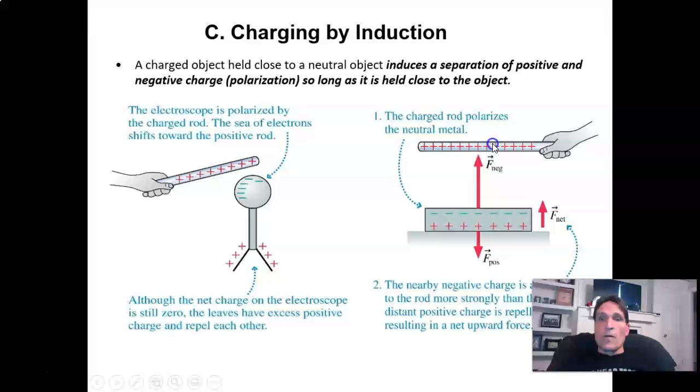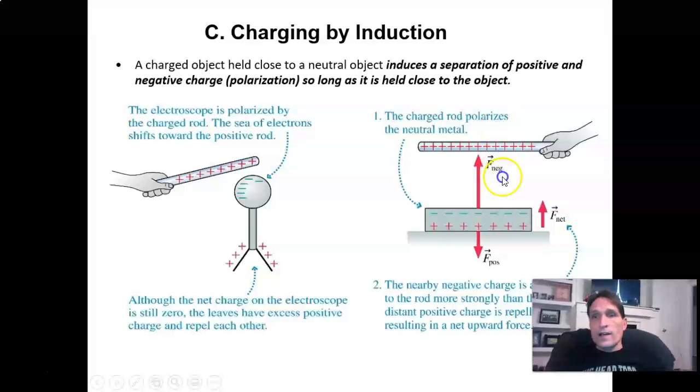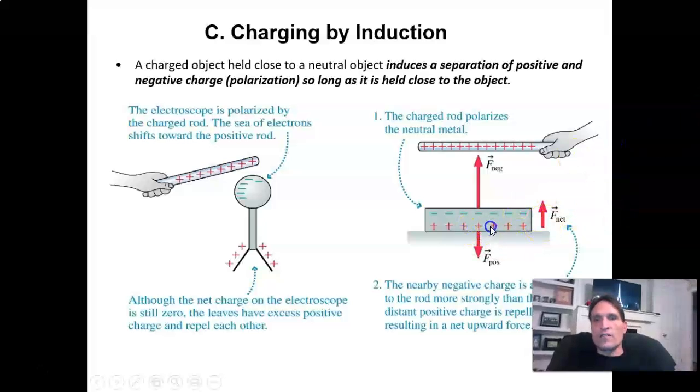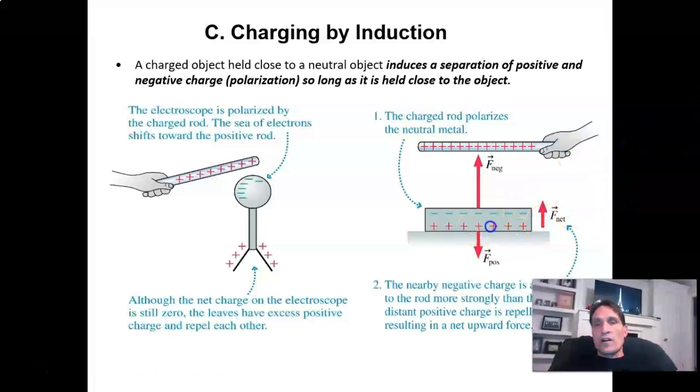Now, the minute that you move the comb away, the charges go back together, and the separation of charge goes to zero. So this is called charging by induction.